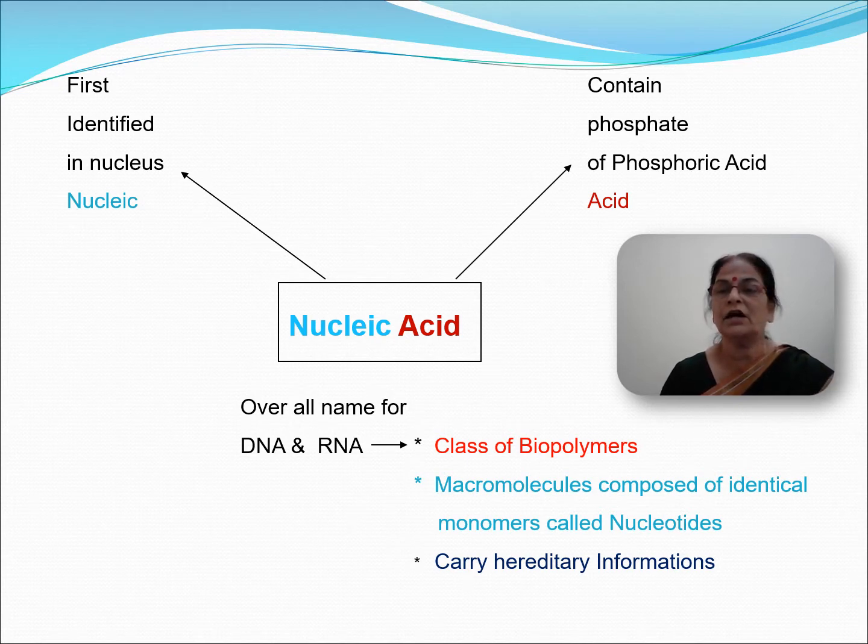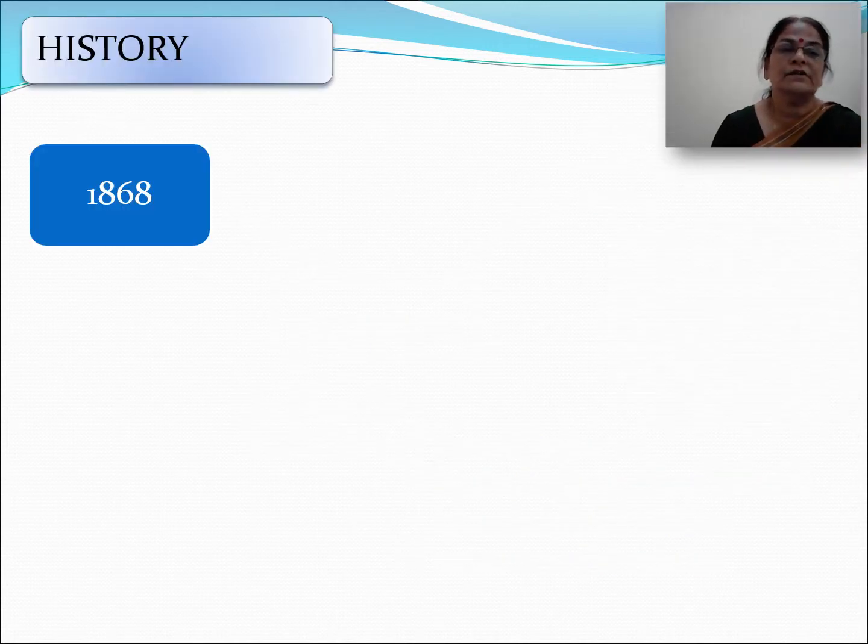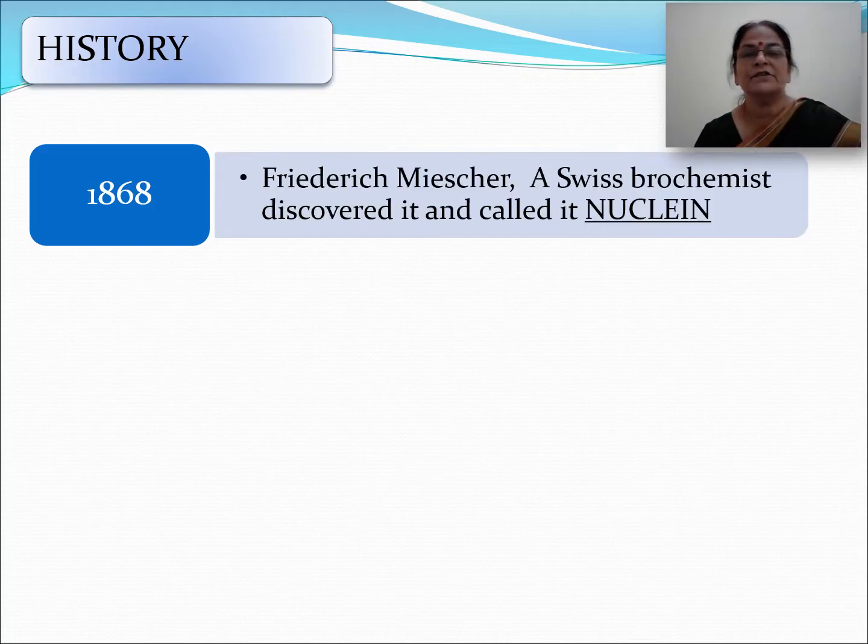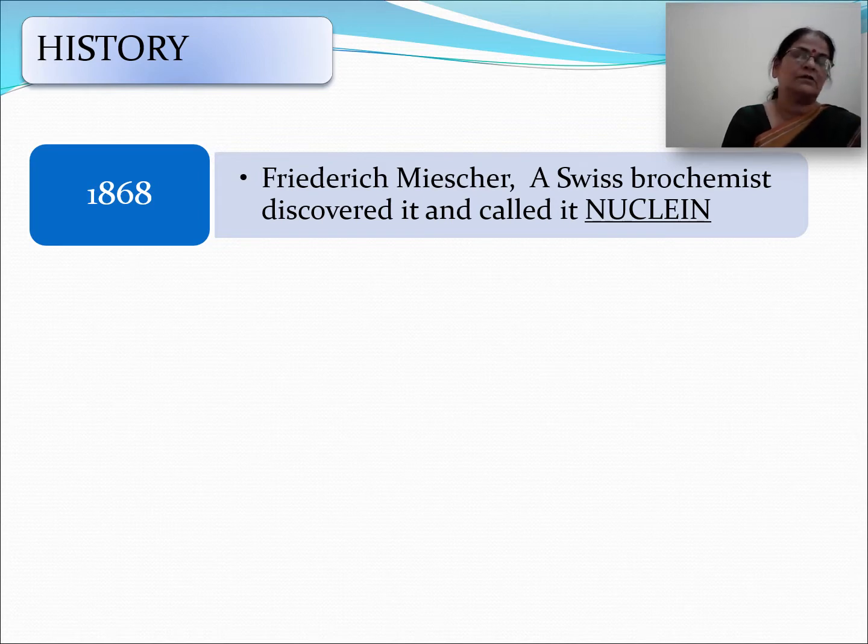In some cases RNA also. Now history is very interesting. In 1868, Friedrich Miescher, a Swiss biochemist, discovered it and called it nuclein because it was associated with protein. He was studying the composition of lymphoid cells, which are WBC.